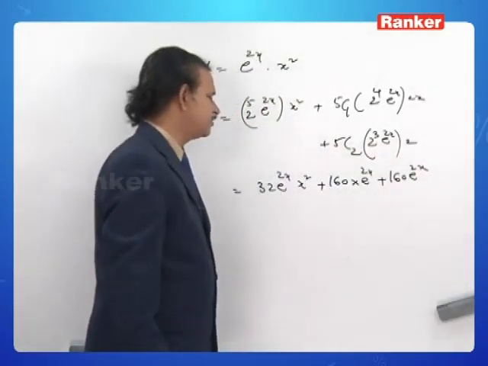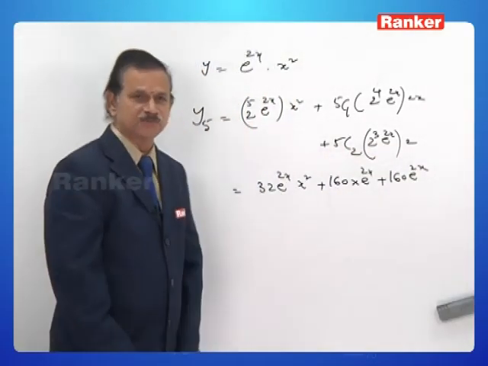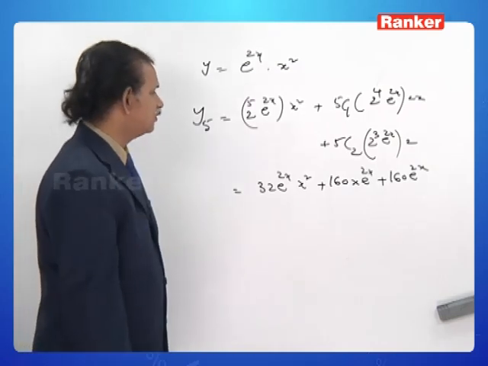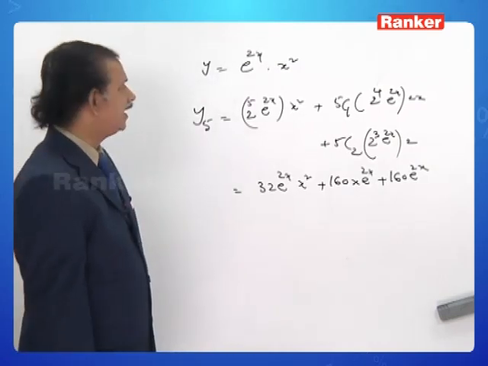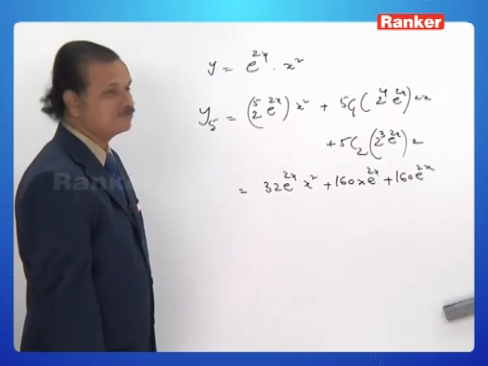If you want, you can take e^(2x) out. That is the answer, and it's not impossible to get it. This is the way we have the answer for the fifth derivative.